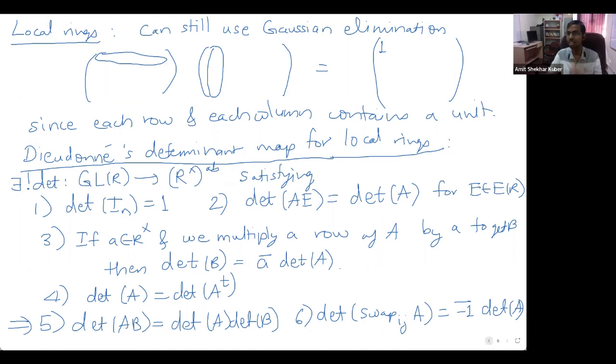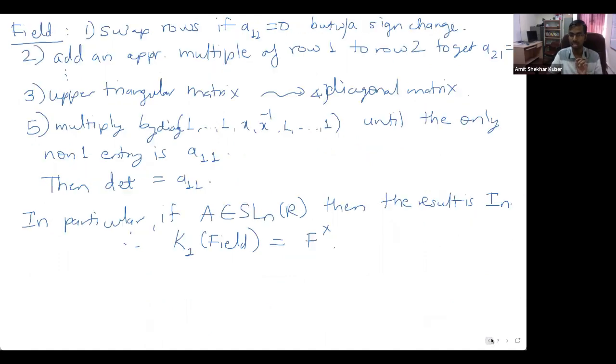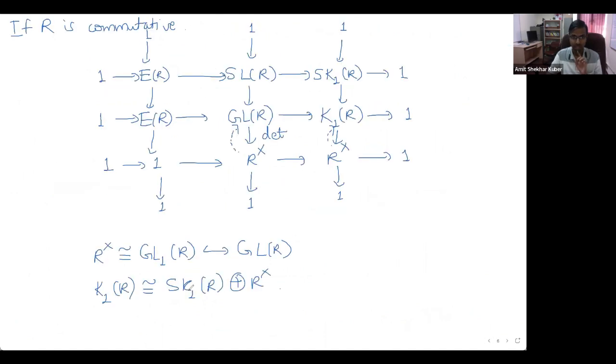We haven't finished the computation of this, but you can already guess for local rings what will happen for K1. R cross is GL1R and that embeds inside GLR, correct? So the same property is true even for local rings.